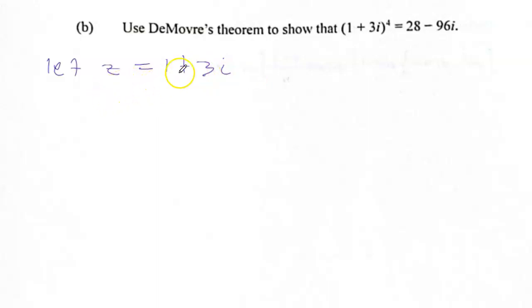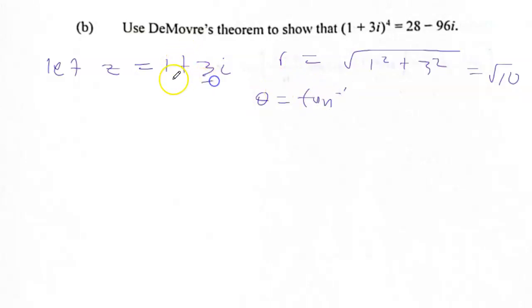So we need r. r is square root of 1 squared plus 3 squared, so that's root 1 plus 9, that's root 10. And we also need theta. Theta is tan inverse of y over x, so tan inverse 3, and in radians, tan inverse 3 is 1.249 radians.